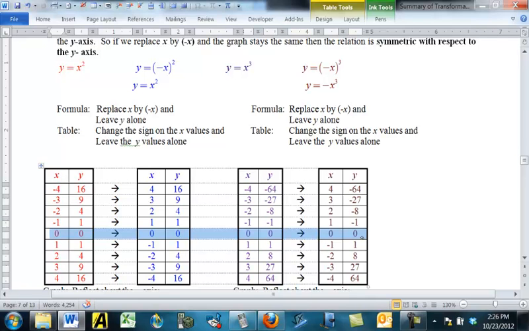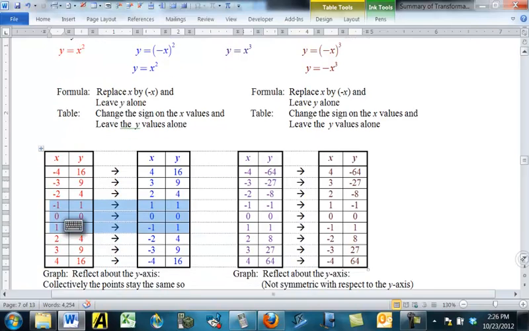That makes sense because when you reflect something, anything on the mirror line is fixed. But all the other points move. For example, (-1, 1) moves to (1, 1), (-2, 4) moves to (2, 4), and (2, 4) moves to (-2, 4). Looking at this part of the table, it's the same three points, just in a different order.